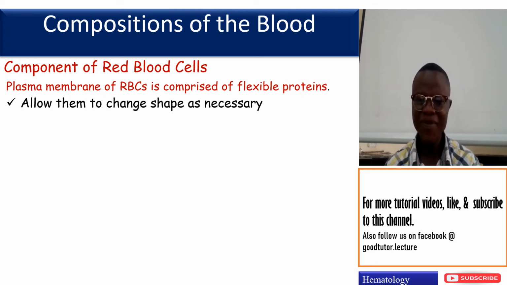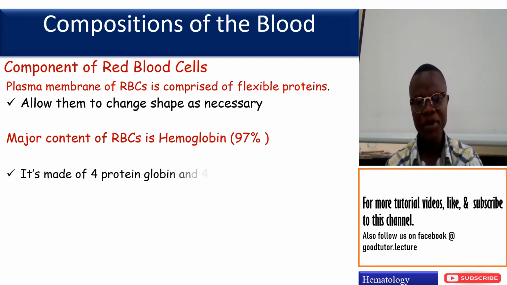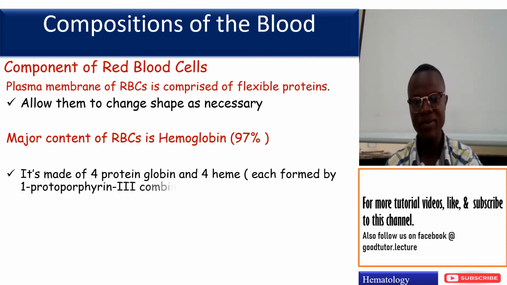Also, the next major component of the red blood cell is the hemoglobin. And the hemoglobin constitutes about 97% of the entire red blood cell. The hemoglobin, which is the most abundant component in the red blood cell, is made of four globin chains and four heme groups.